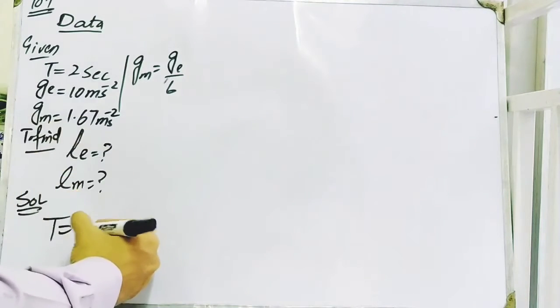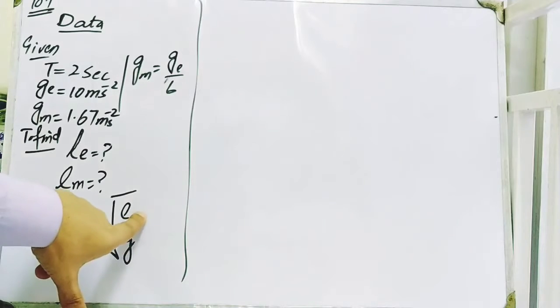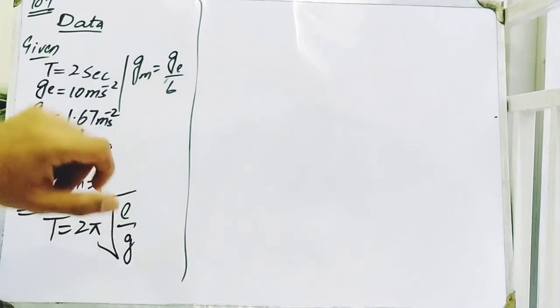The formula for time period in this situation is T is equal to 2 pi under root L over G. So we can't use the direct formula because the length of this pendulum is under the root in this formula. First of all, we have to remove this under root as we are going to find the value of length.